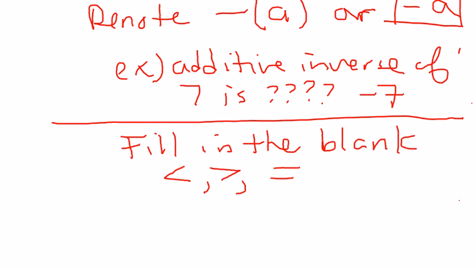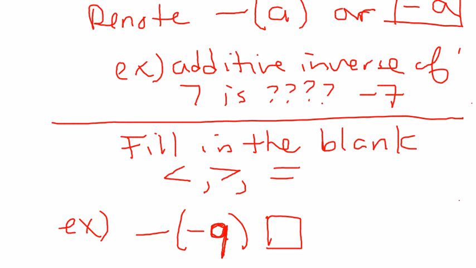Okay, here's my first example. Negation of the negation of 9, blank, absolute value of -9.2. Okay, now remember that absolute value and bars are two totally different things, so let's think this through. The negation of the negation of 9, that basically means the opposite of 9, of -9.